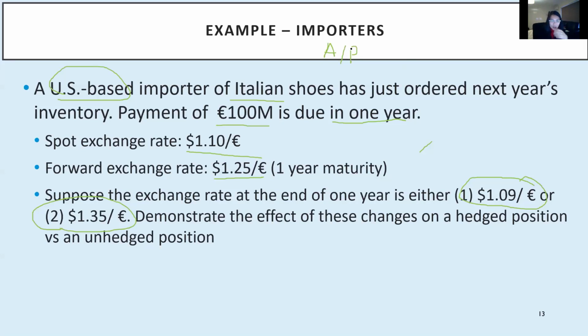So this is the opposite to the previous example. In this case, I'm expecting to pay the foreign currency. So because it's the opposite, I'm going to enter into an opposite forward position. So here the answer is a long forward.